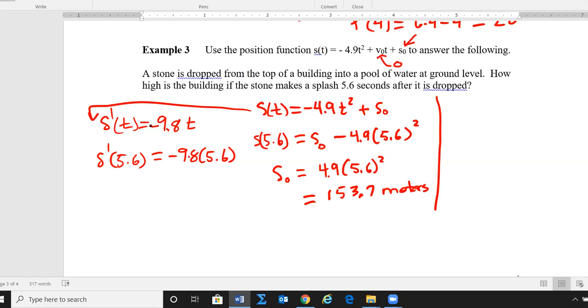So we would find S prime and then calculate here. This ends up being 9.8 times 5.6, negative 54.9. That would be meters per second. It gives us a negative because it's in a downward direction.